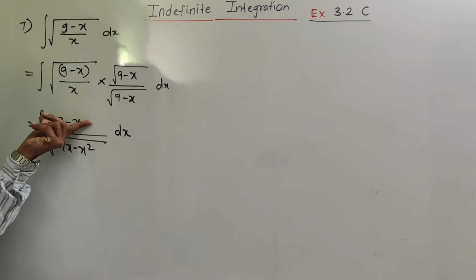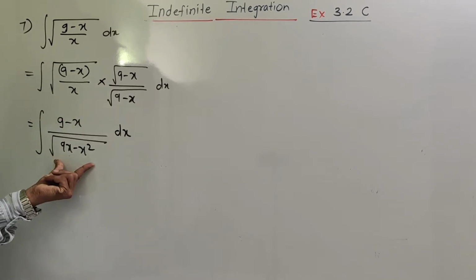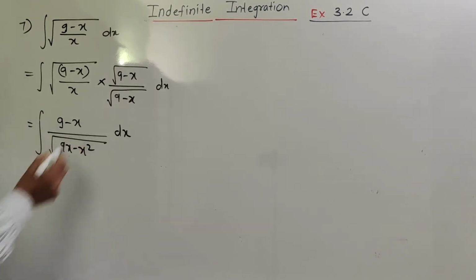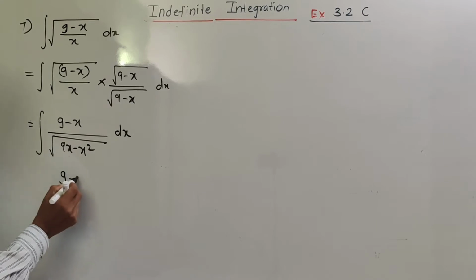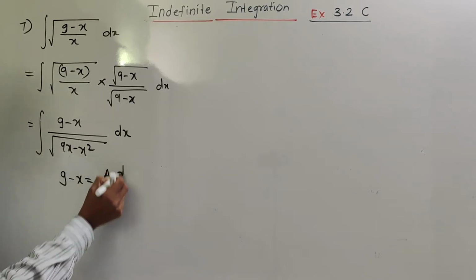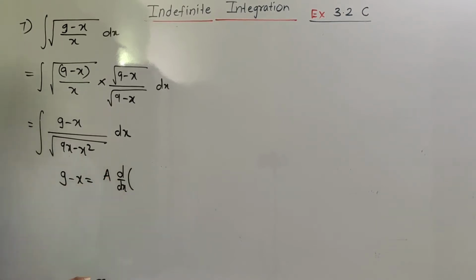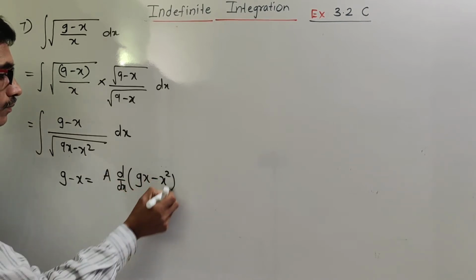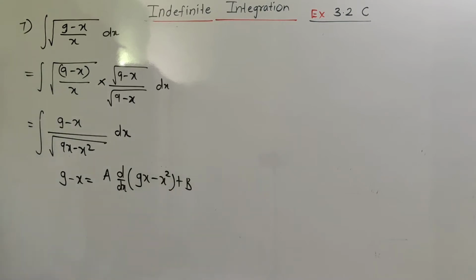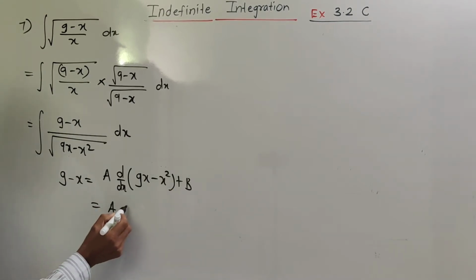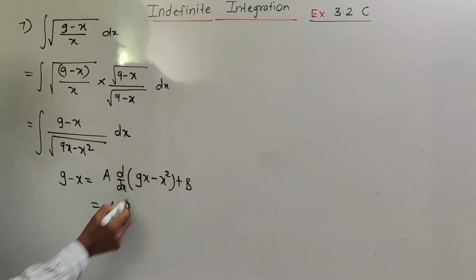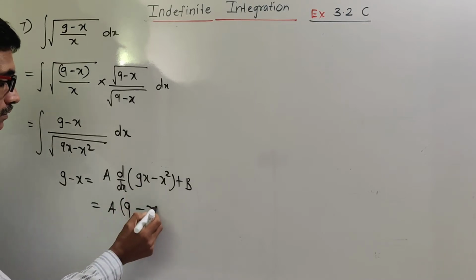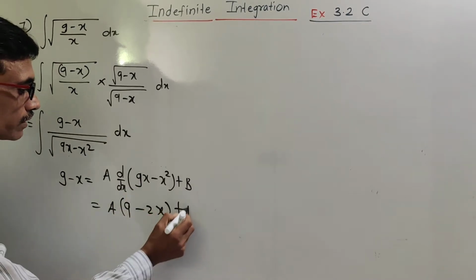Now px plus q is of the form upon root of ax square plus bx plus c. So px plus q, that is 9 minus x, equals a into d/dx of 9x minus x square, plus b, which is a into 9 minus 2x plus b.